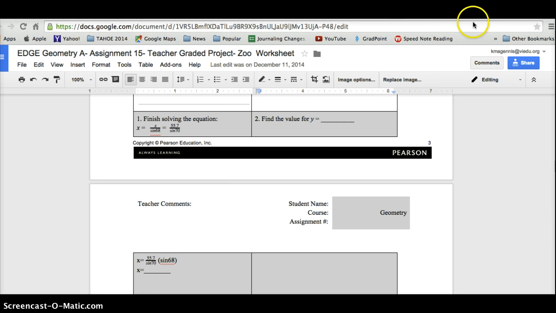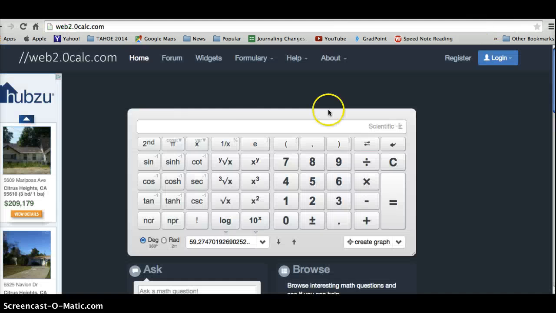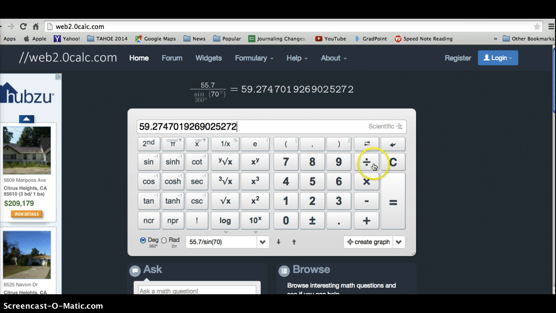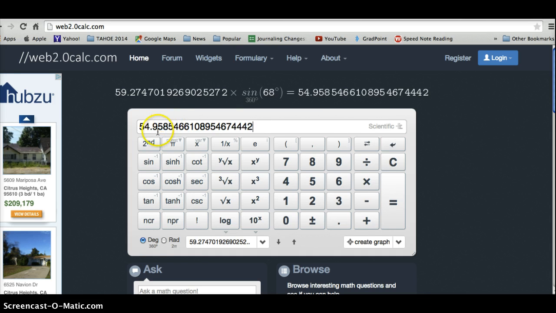Okay, so now using the calculator, we're going to do this: 55.7 divided by sine of 70 in parentheses, times sine of 68 in parentheses, equals, and it's 54.95 and on and on.